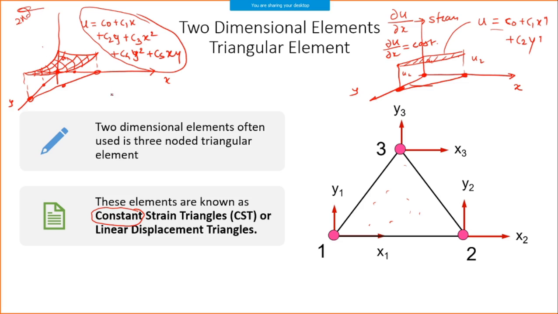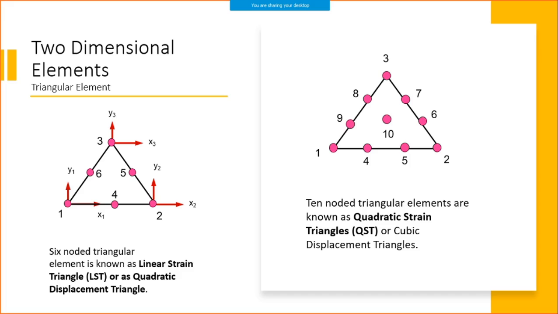If I take a derivative du by dx, the equation of the strain becomes first order, meaning it is a function of x and y. This is called a linear strain triangle because the variation of the strain within the element is linear. Otherwise, you can increase the number of nodes and you will get a higher order strain variation. Okay, so we have seen this part already.